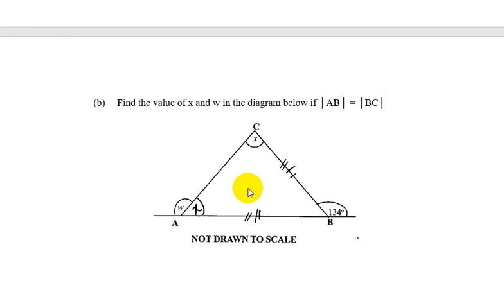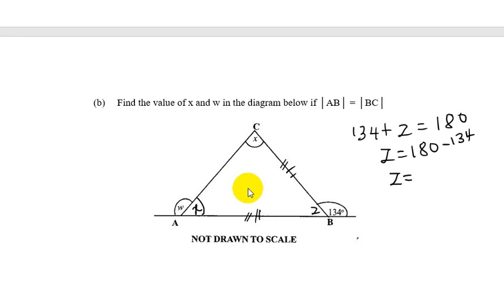So what we have to do is find this angle of the triangle, and finding that is going to be 134 plus that angle. Let's put z here. So z will give us 180, so z will be equal to 180 minus 134.